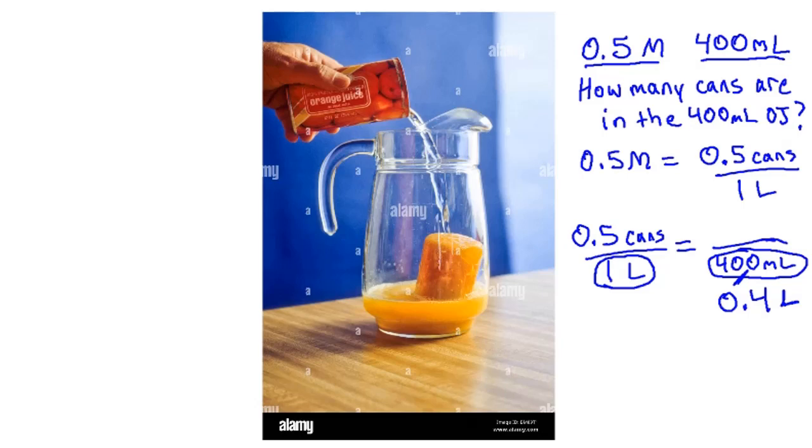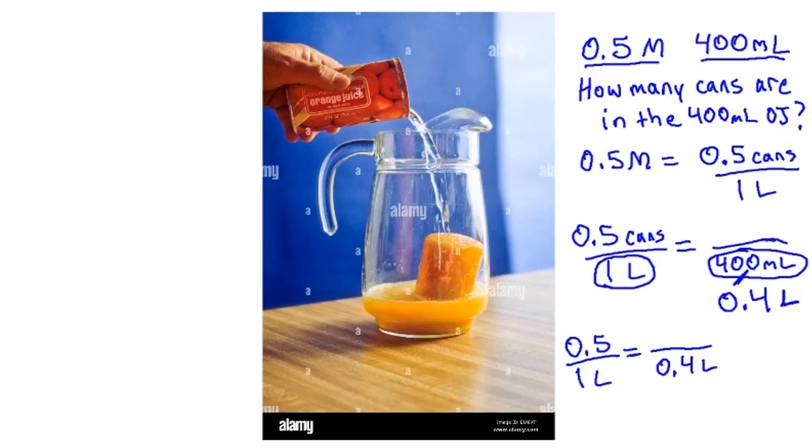Okay, so now we have 0.5 cans in 1 liter of orange juice, but we don't have a whole liter of orange juice. We have 0.4 liters of orange juice. So how many cans of frozen orange juice concentrate is in that 0.4 liters of orange juice?